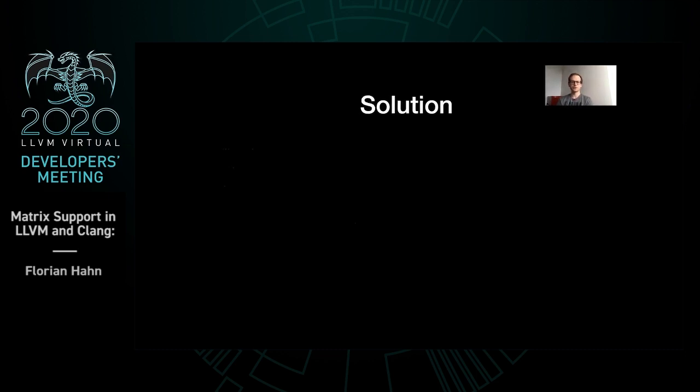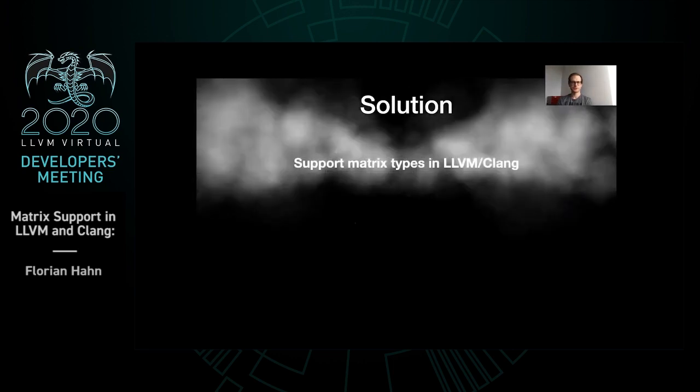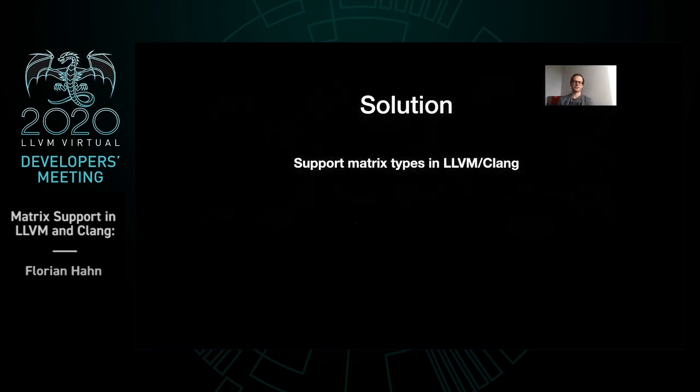Our solution to this problem was to add matrix type support in LLVM and Clang. And we had a few key goals for this implementation. First, we want to guarantee vector code generation for matrix operations, and not just for independent operations, but for an expression tree of matrix expressions.